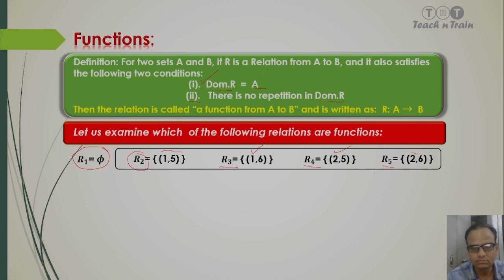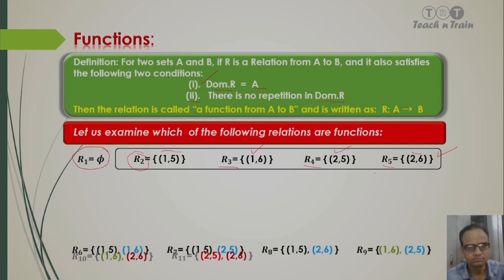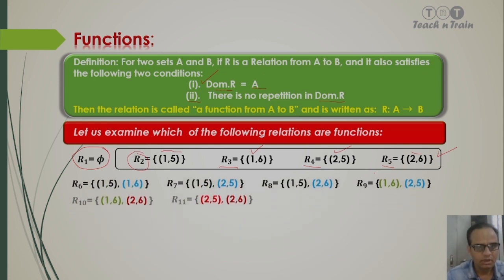So all of these singleton sets do not qualify to be a function. For relation R6, we can see that the domain of R6 is a set which contains only one element, which is not equal to set A. So it is disqualified from being a function.